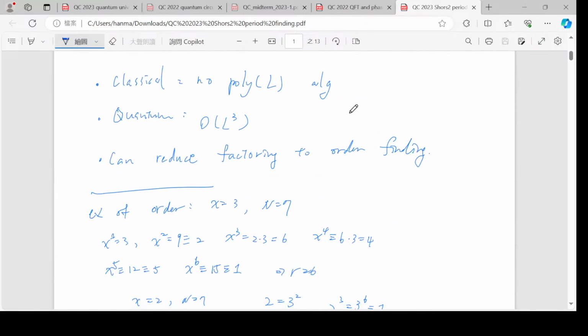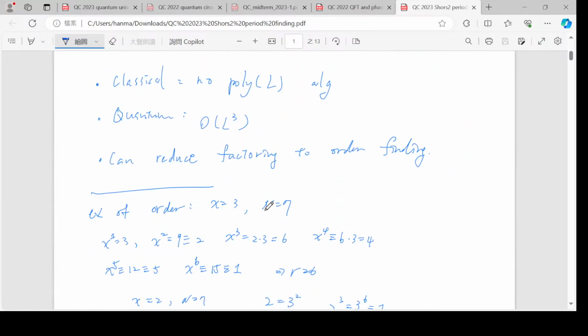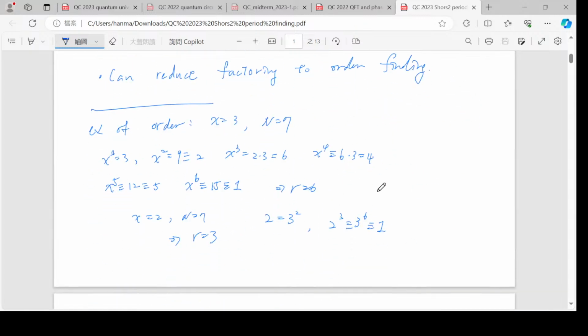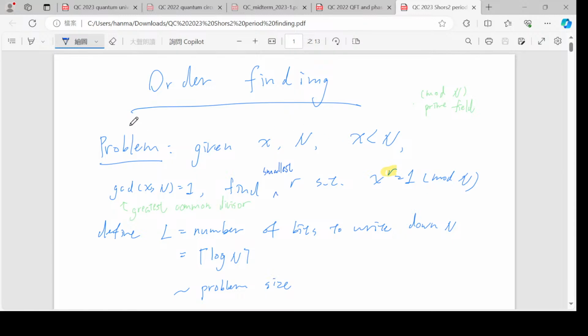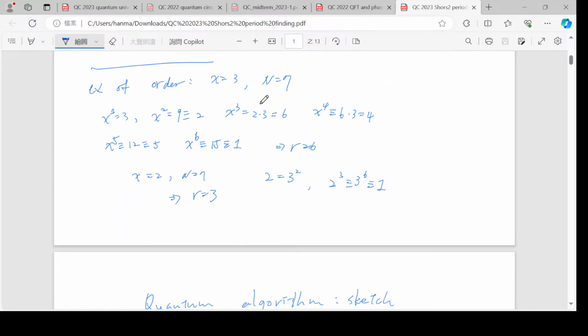Okay. And here is an example of the order of some x, n pair. Actually, n should be something you want to factor, but for defining order, we only need x and n to be coprime. So that's a very easy example where n is some prime here.